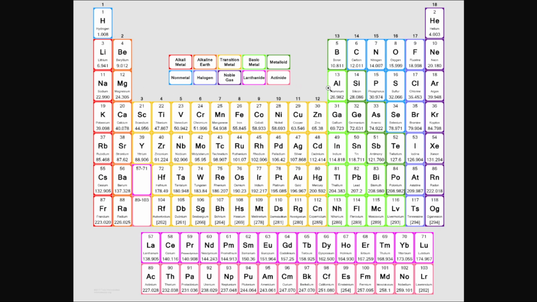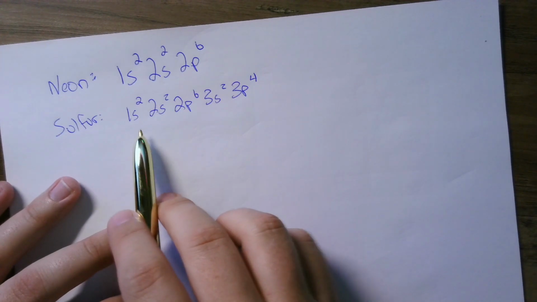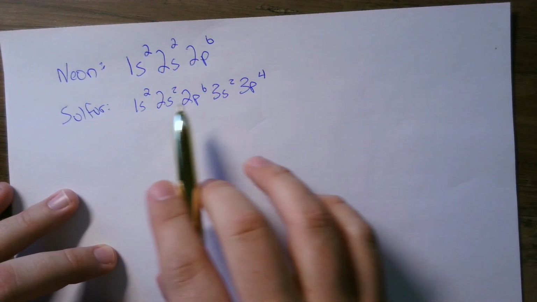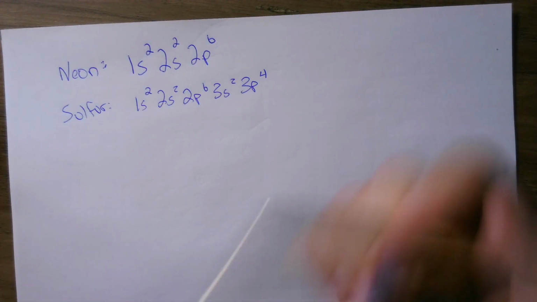Then we get over to here, and this is where sulfur is. So it's in the 3p orbital, and it's the 4th box. So we're going to call it 3p4. I just wrote that down as I was saying it. It's easier to see if you have your periodic table in front of you, but you have 1s2, 2s2, 2p6, 3s2, 3p4. And that's its electron configuration.